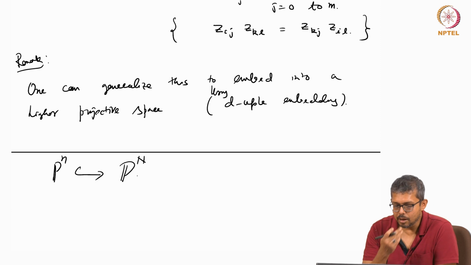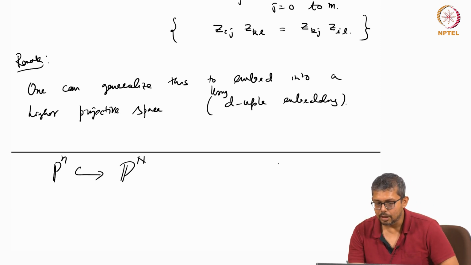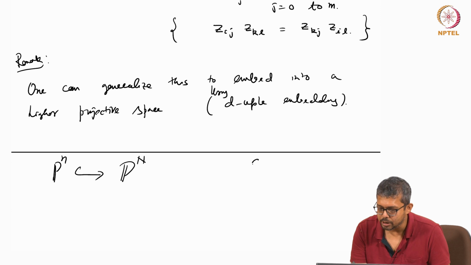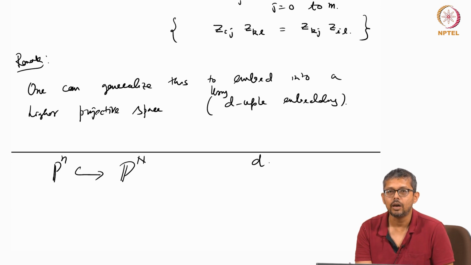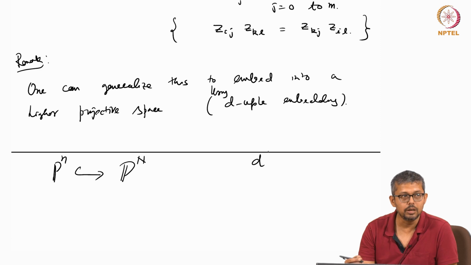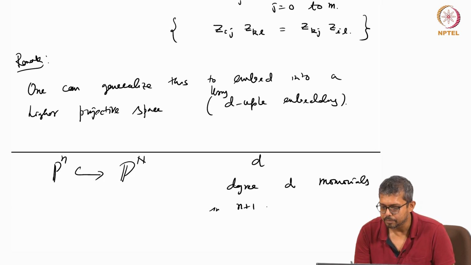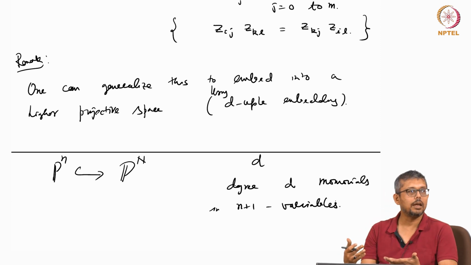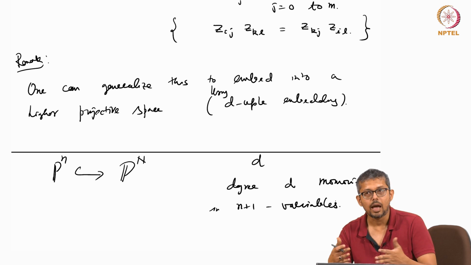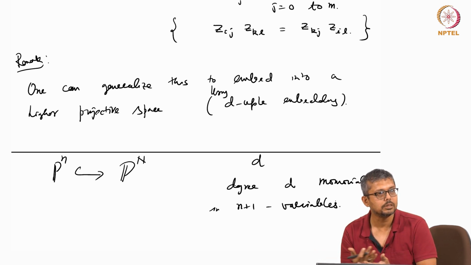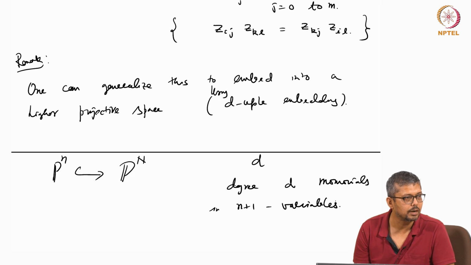Suppose you choose an integer d, and consider degree d monomials in n plus 1 variables. If you have n plus 1 variables and you take degree d monomials, how many such monomials are there?